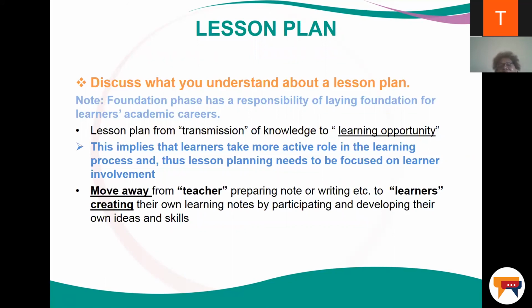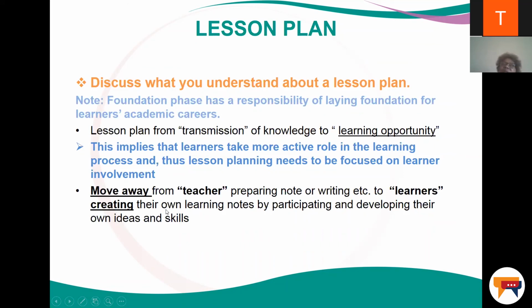Lesson plan: from transmission of knowledge to learning opportunity. It says a lesson plan must be a learning opportunity, not a transmission of knowledge. This implies learners take a more active role in the learning process, and thus lesson planning needs to be focused on learner involvement. Move away from the teacher preparing notes or writing to learners creating their own learning notes by participating and developing their own ideas.